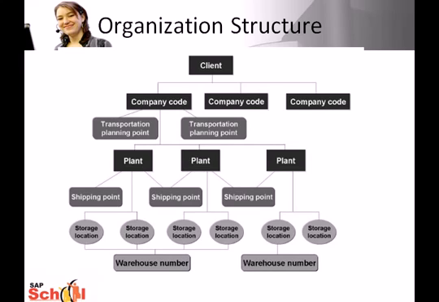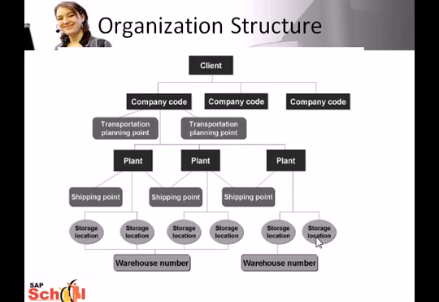This means that a connection is created between warehouse management and inventory management, because the storage location is the organizational unit for quantity-based inventory management. So the storage location is linked to the plant, and the warehouse number is linked to both storage location and plant.